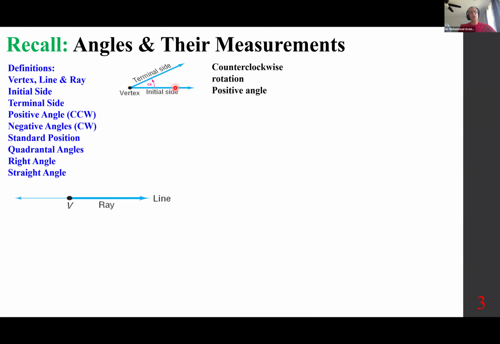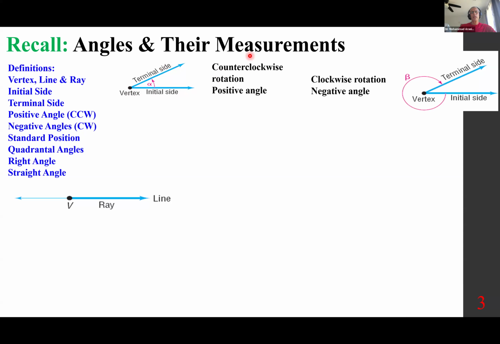So we have the initial side along the positive side of the x-axis, and that creates the standard position. So here's the vertex, here's the initial side, here's the terminal side. Again, counterclockwise, positive; clockwise, negative angle.